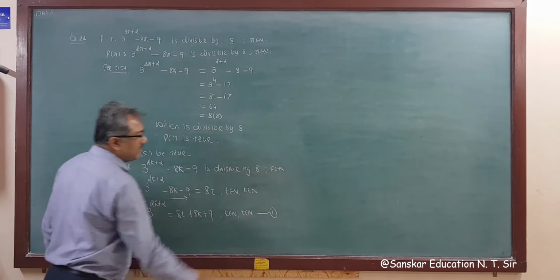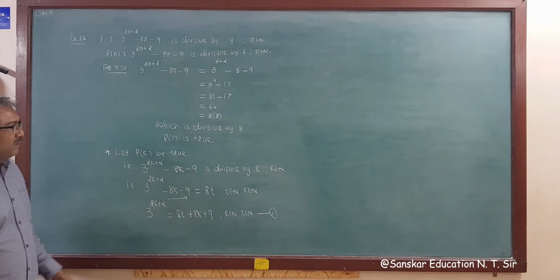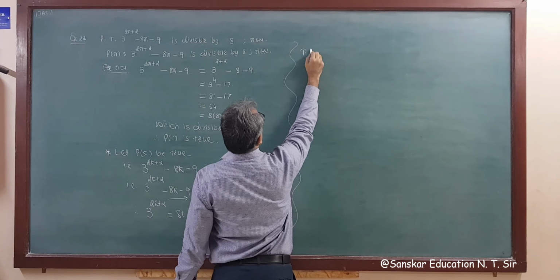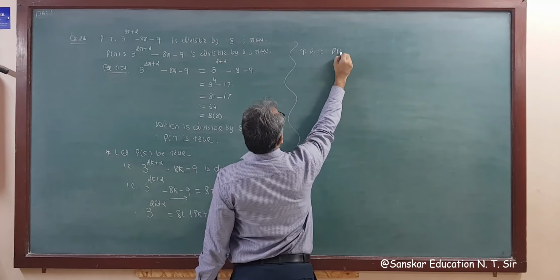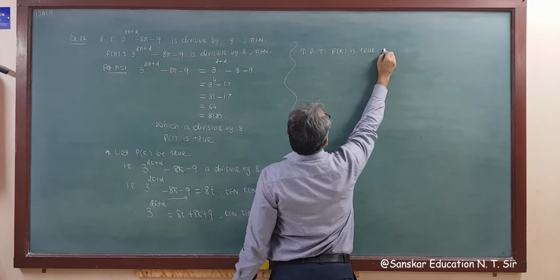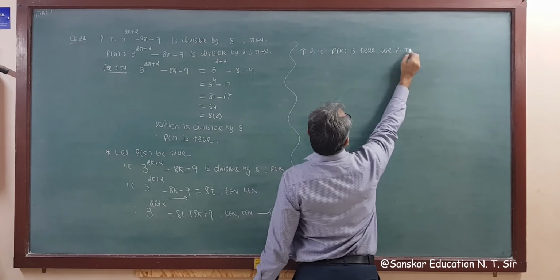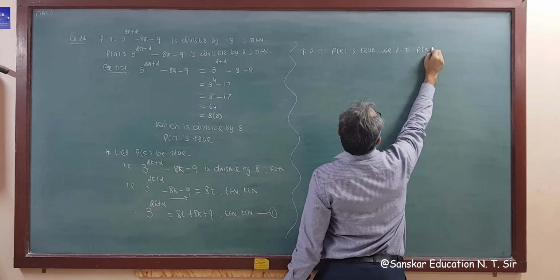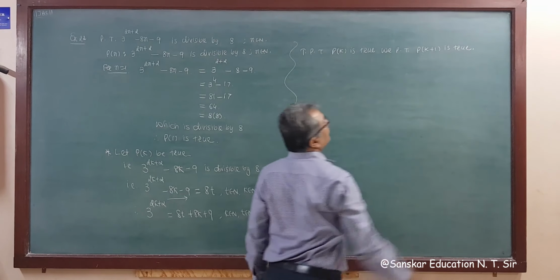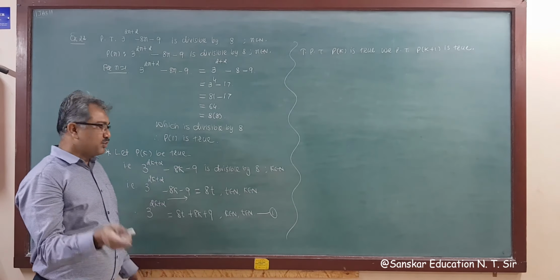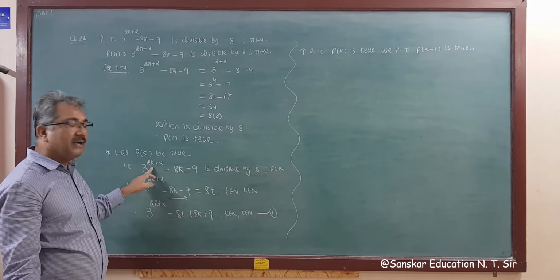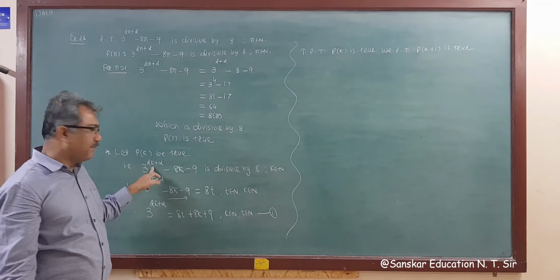Same as example number 1. Got it? Now to prove that if Pk is true, we prove that Pk plus 1 is true. So simply in this Pk, replace k by k plus 1.